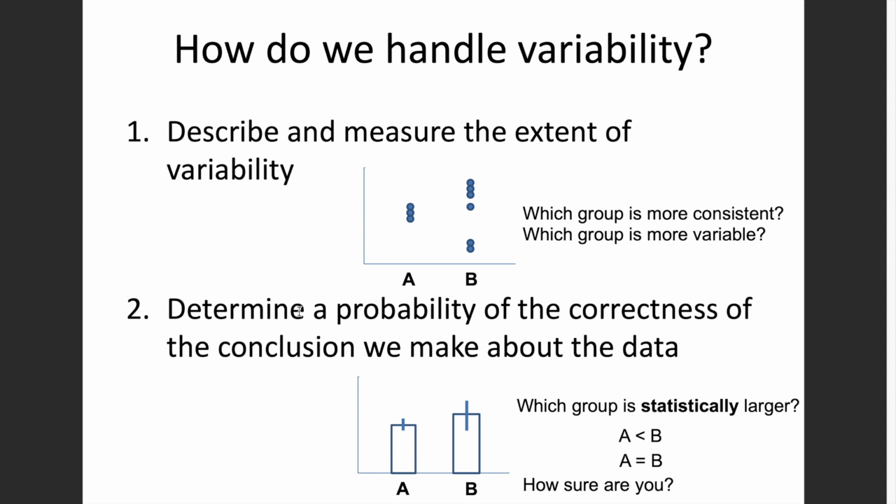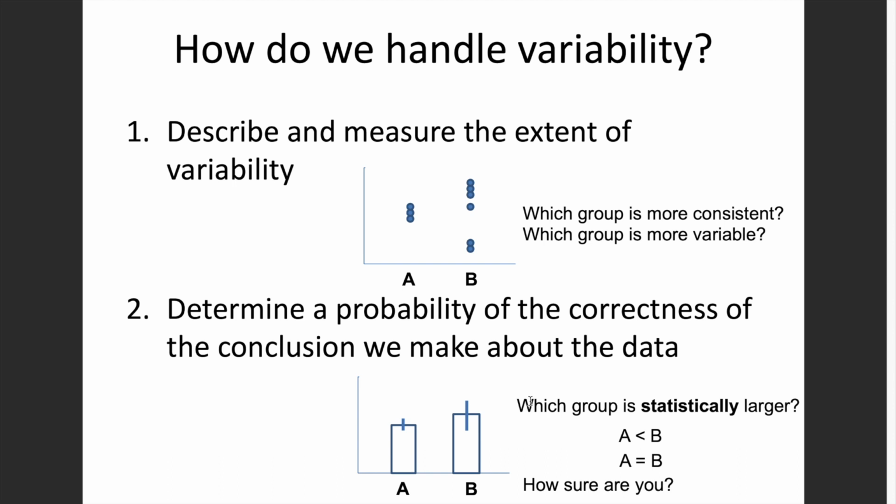The next one is we determine the probability of correctness of the conclusion we make out of the data. So which group is statistically larger? Is it A or B? Because letter B is higher than A. Look at that, right? Is B greater than A? Or are they actually equal? How sure are you? What we do here is we look at the error bar, because the error bar will tell us the spread of the data.